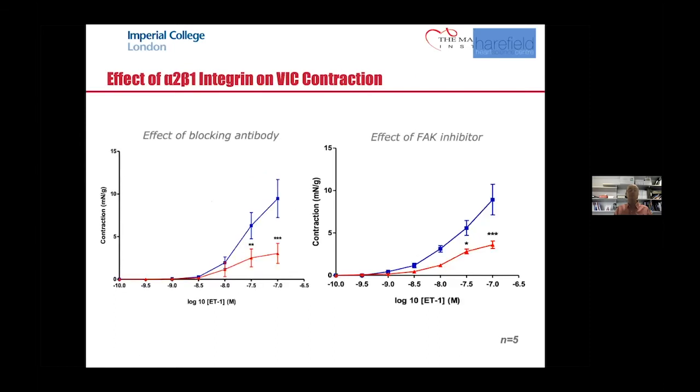We then looked at contraction of valve cell leaflets in response to endothelin 1, and both the blocking antibody and focal adhesion kinase inhibitor inhibited the contractile response to endothelin, illustrating nicely the role of linking cells to the matrix in order to produce a biological effect.